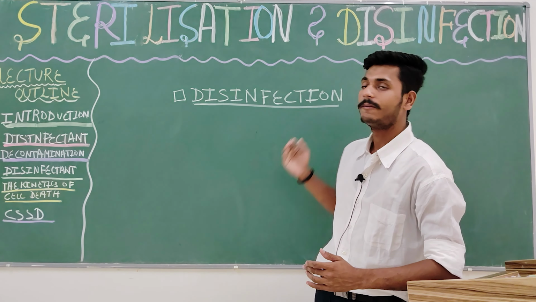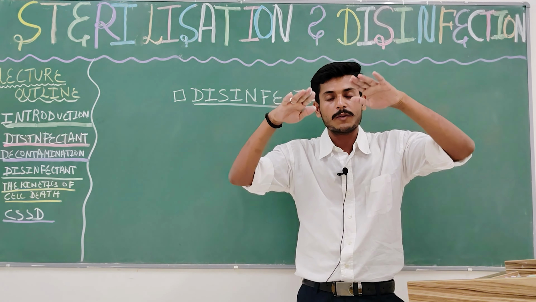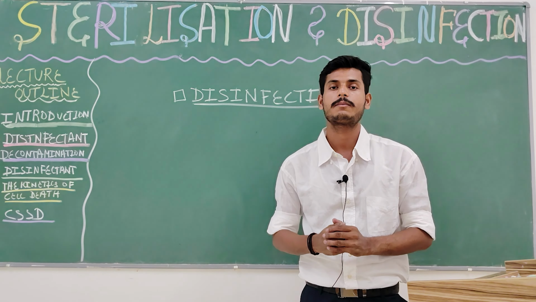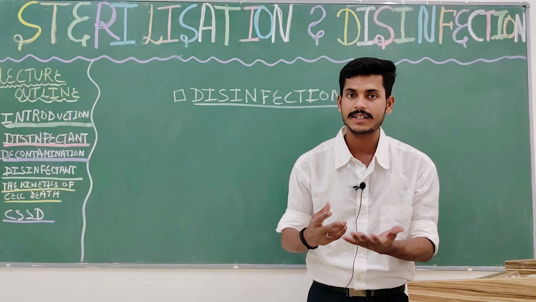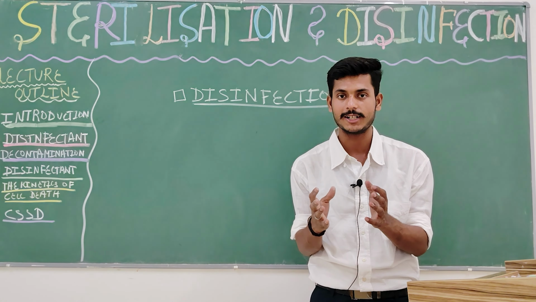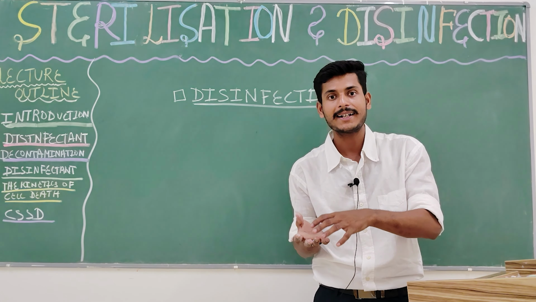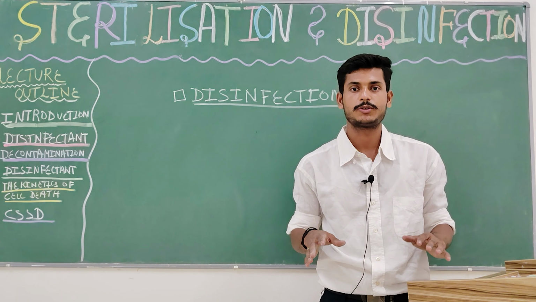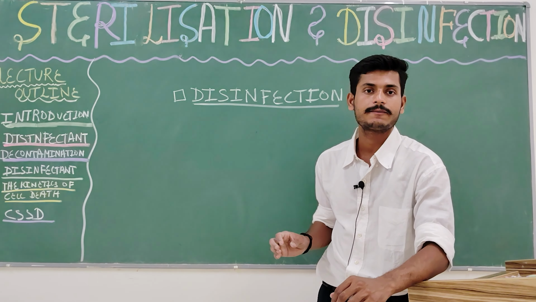But in the case of disinfection, we only suppress the number of microbes. We make the microbial population such a low count that they are no more pathogenic. It is called disinfection.